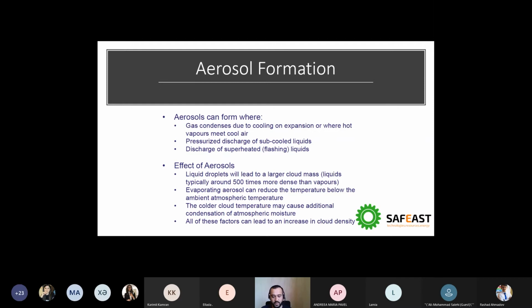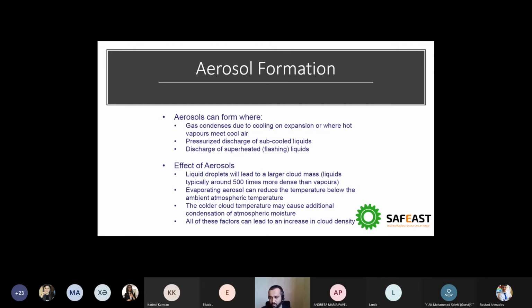For example, whether the released material is heavier than air or lighter than air, but aerosol formation can change all these assumptions. Basically, aerosol formation is when a gas condenses due to cooling from expansion.